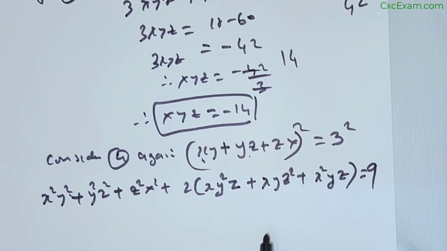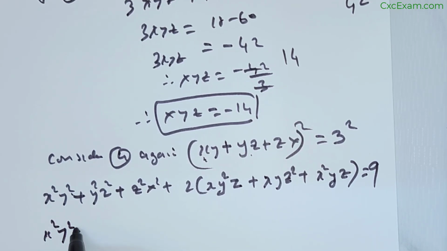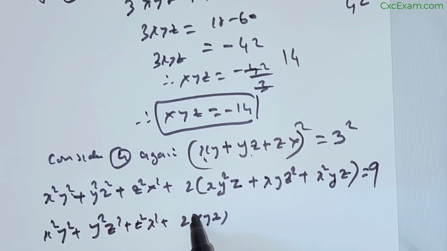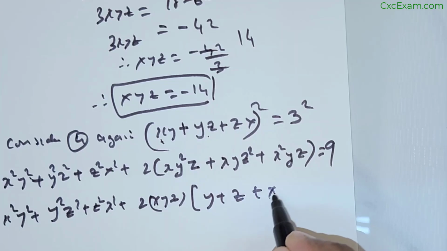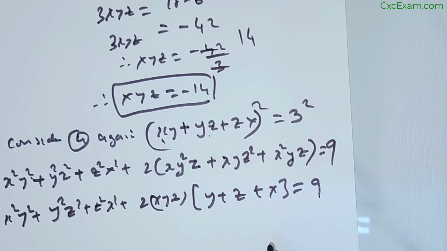Okay, so this is x squared y squared, positive y squared z squared, positive z squared x squared, positive 2 times xyz can be taken out. I will get y here, z here, x here, is equal to 9.